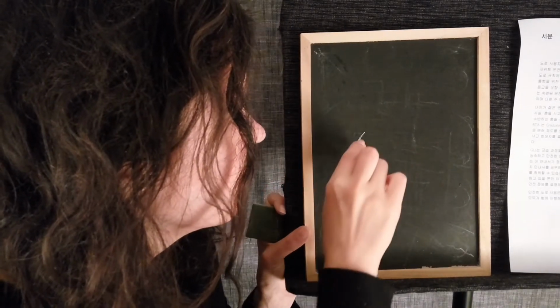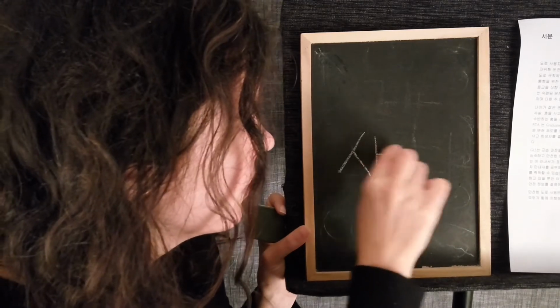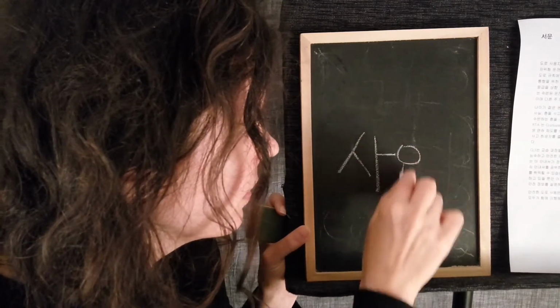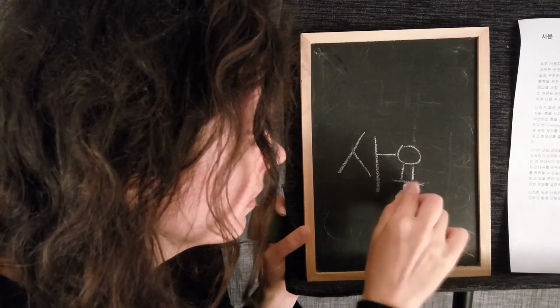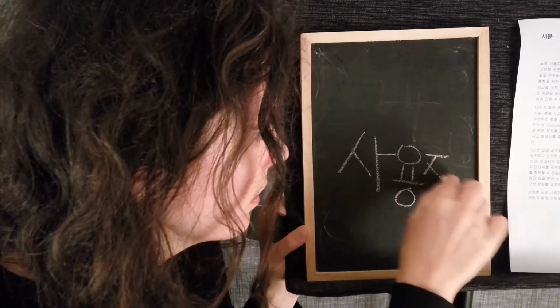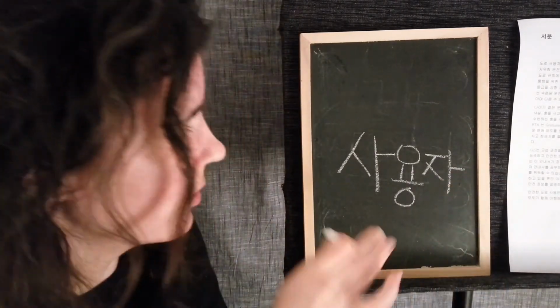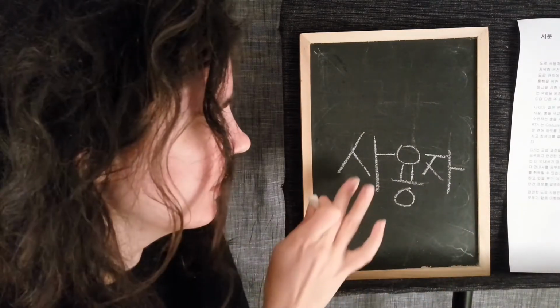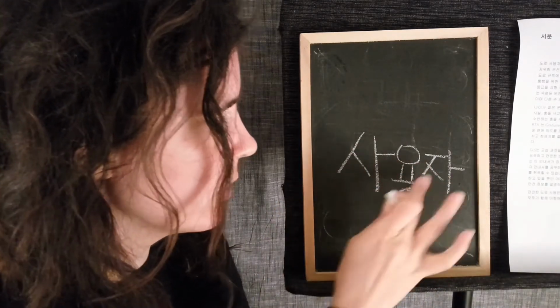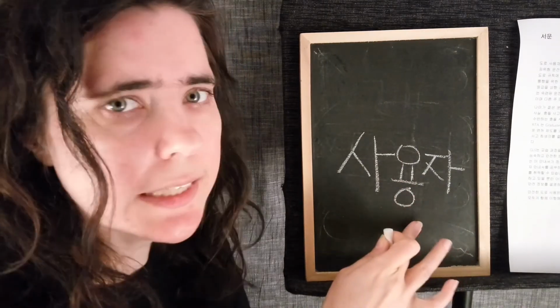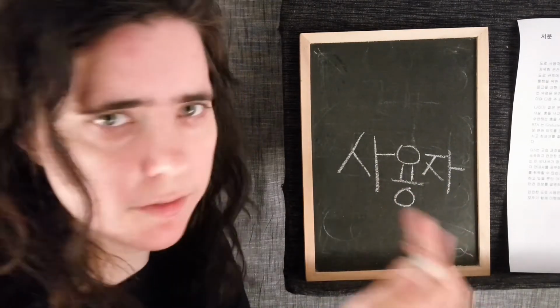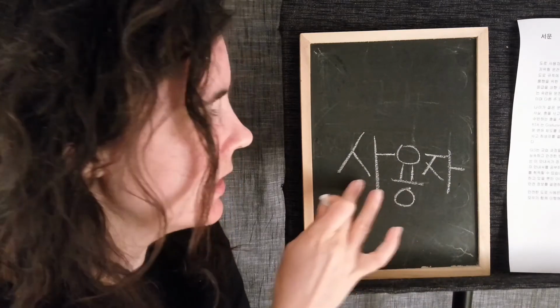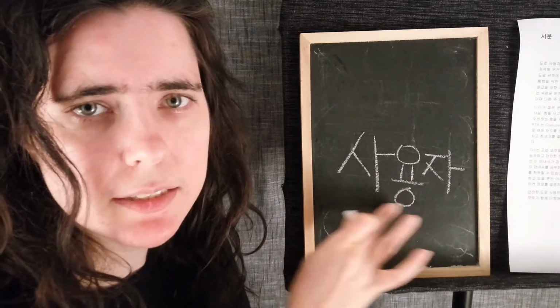And then 사용자. Again, this was our S sound, that's our yo sound, and that's our kind of J sound, ja. 사용자.